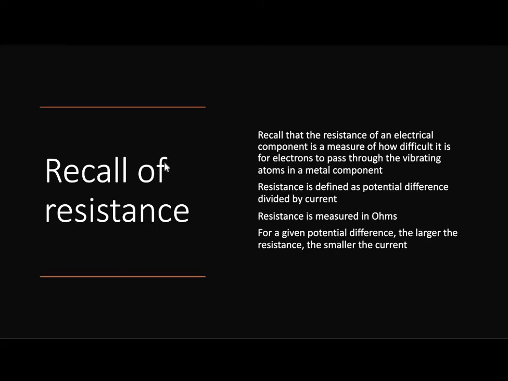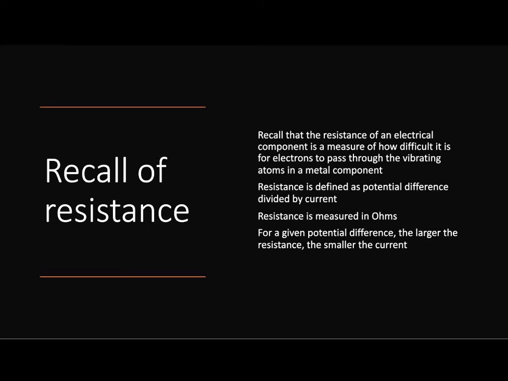Let's start with a little bit of a recall of what we mean by resistance. We should remember that resistance of an electrical component is just a measure of how difficult it is for the electrons to pass through the atoms that are vibrating in a metal component.